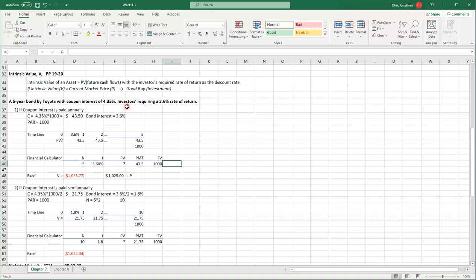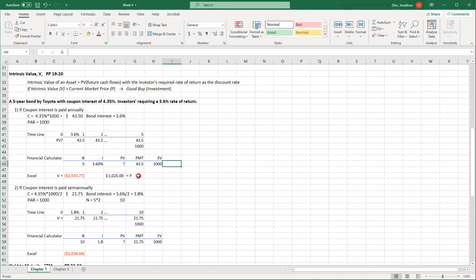So if you see this, what would you do? The current market price is attractive, so you want to buy. I said if the current market price is less than intrinsic value, then that's a good buy, a good investment, right? This one is less than this one, and this is an attractive investment. So you go and buy.